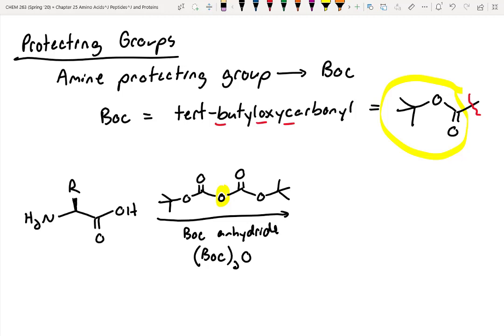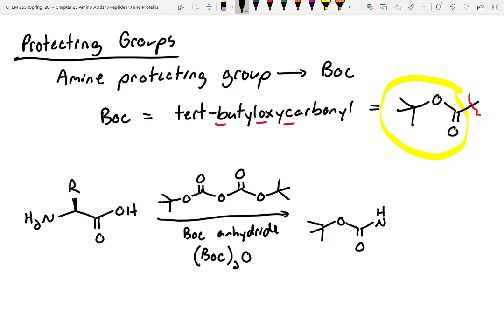So as you can tell, anhydrides are really reactive. We saw this in our carboxylic acid derivative chapter, and it's not going to react with this carboxylic acid group simply because this nitrogen lone pair isn't delocalized and nitrogen lone pairs are better nucleophiles. So it's going to selectively protect that nitrogen group. So let's take a look at what happens. Well, we're going to get the BOC group installed.